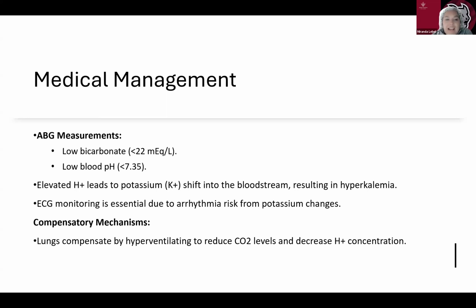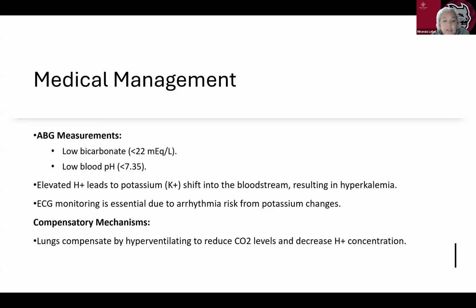The slide is wrong. So medical management for these patients is to treat the underlying cause. That's what it's going to be. Treat the underlying cause, and you will balance out that potassium. I mean, you'll balance out the acid-base deficit. If we have high potassium that shifts into the bloodstream, we want to dilute that potassium with a little bit of fluids.